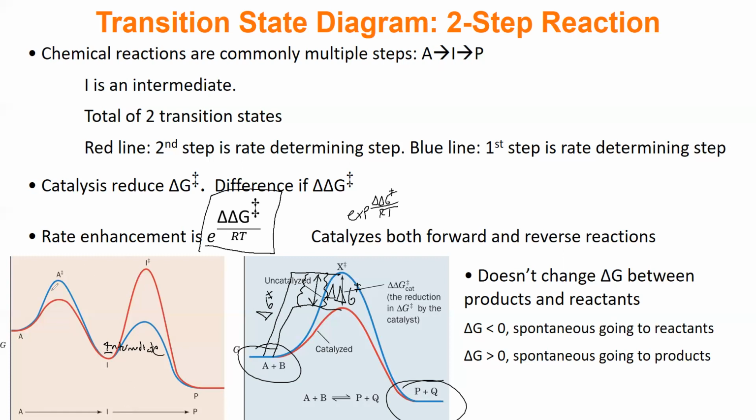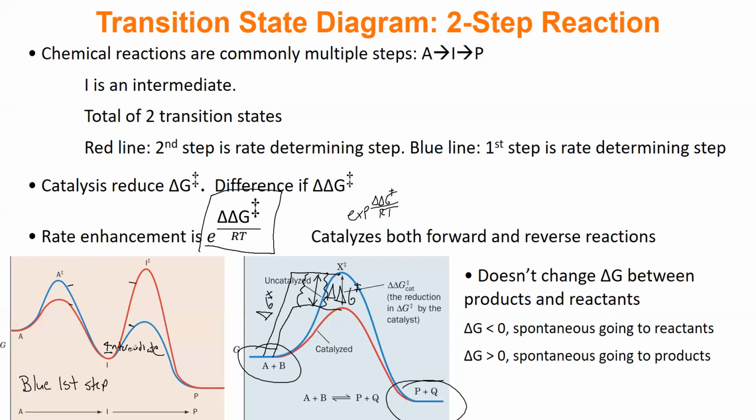And since we have two transition states, whatever is highest is your rate limiting step. That is, whatever hill is the highest determines how fast your reaction goes. So here in blue, the first hill is higher than the second hill. So in blue, first step is rate limiting.